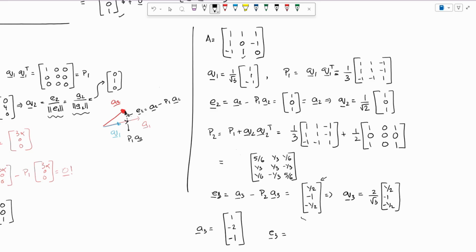Is Q3 perpendicular to Q1 and Q2? Just verify that, please. Q1 transpose Q3 is 0.